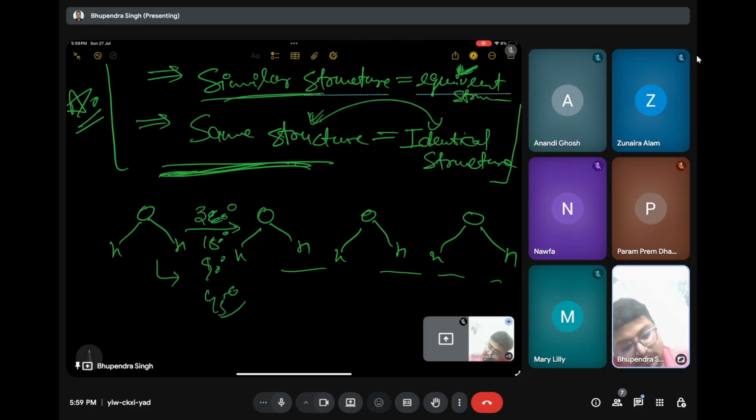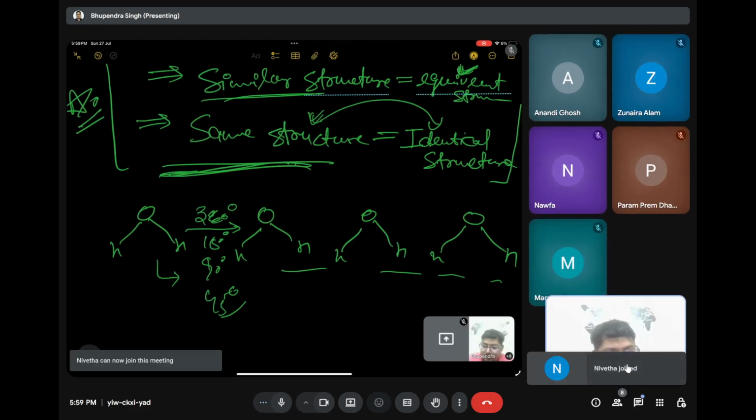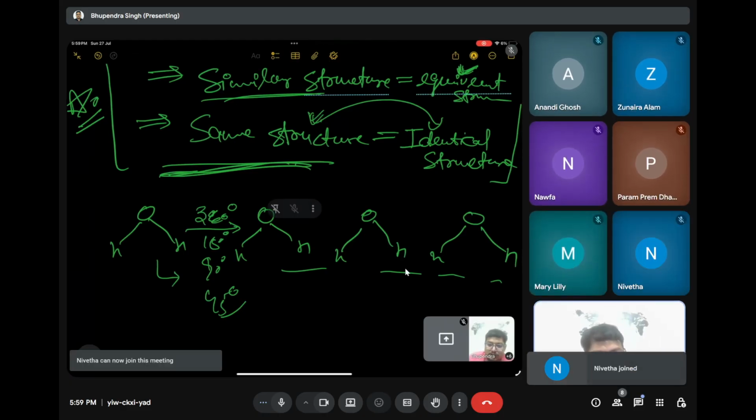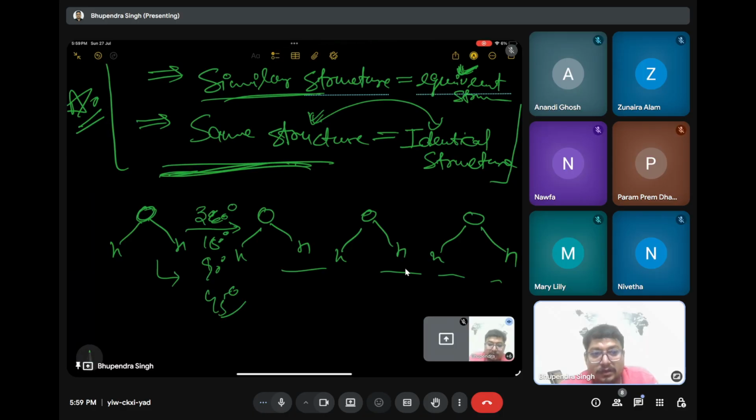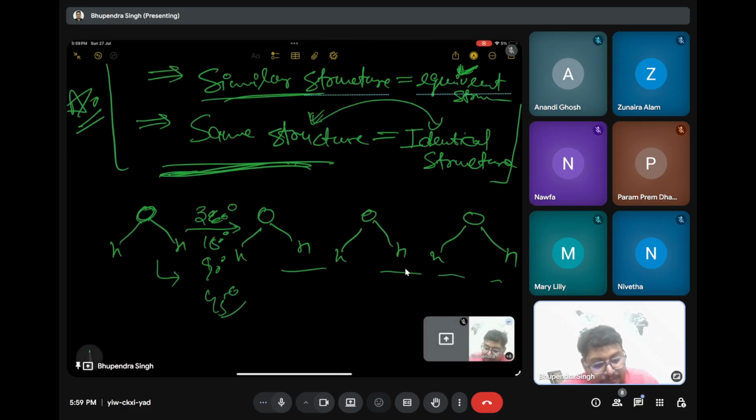So you have to remember that it is actually rotating or reflecting, but it should give you this identical structure.